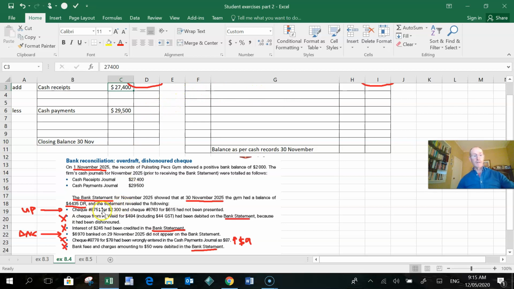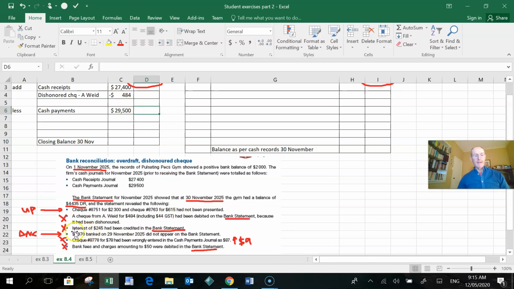So we can take the check from a weed, and that will be a dishonoured check. CHQ will do for a weed. And that is a negative number. Right? So that's negative 484. All right, so that's going to reduce your cash receipts total.